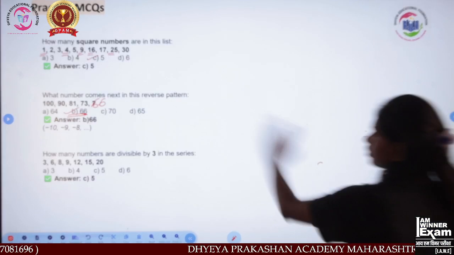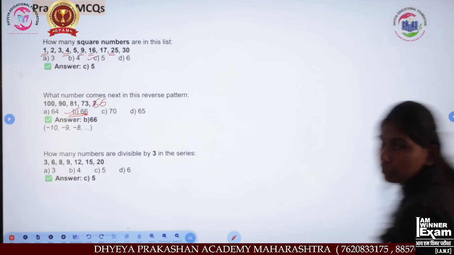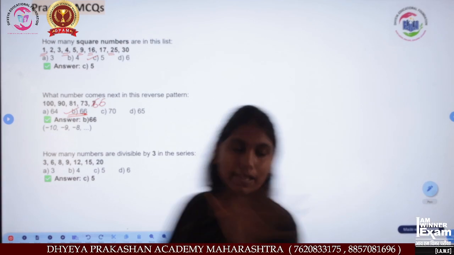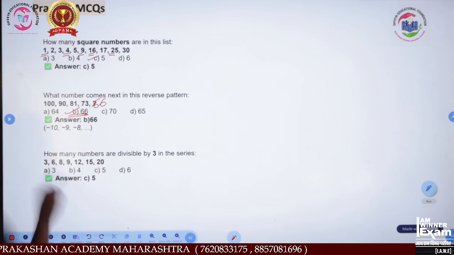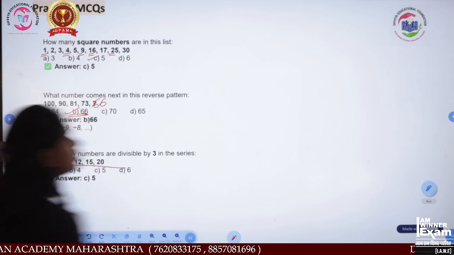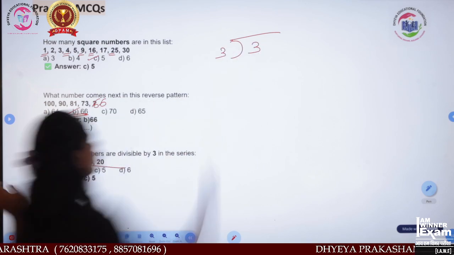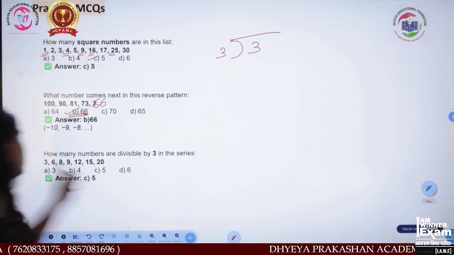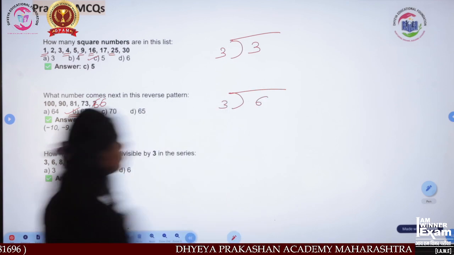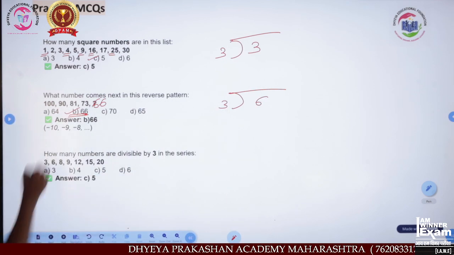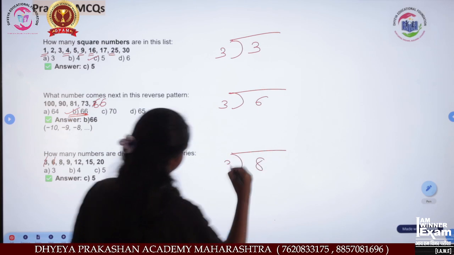How many numbers are divisible by 3 in the series? Means they are asking how many numbers are divisible by 3 in this series. So let's start checking. First, let's take the number 3. Then there is the number 6. Then number 8.